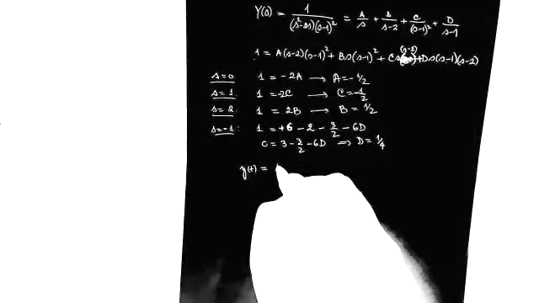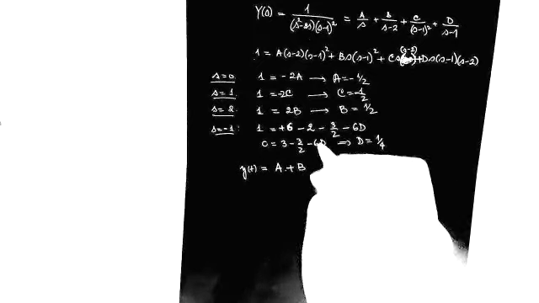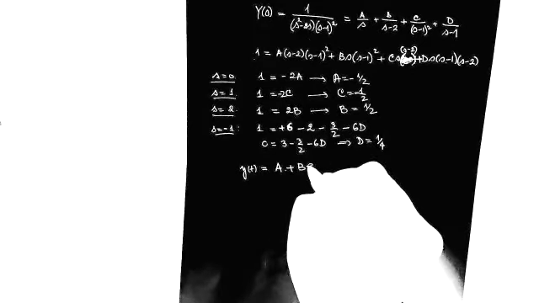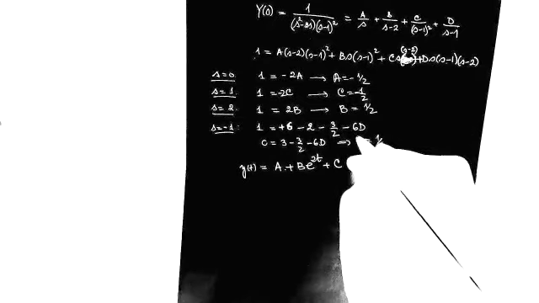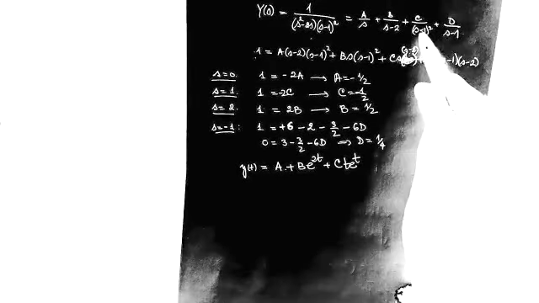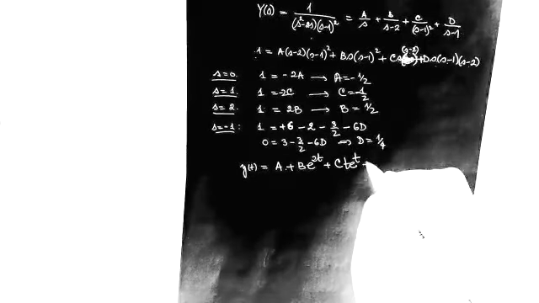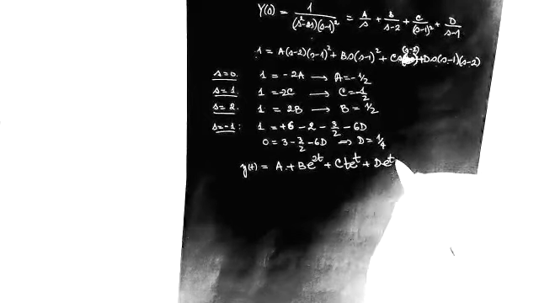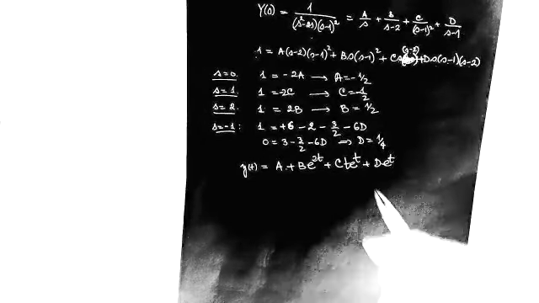So this is going to be A times the inverse Laplace transform of 1 over s, which is 1, plus B times the inverse Laplace transform of 1 over s minus 2, which is e to the 2t, plus C, and the other one is t e to the t, for 1 over s minus 1 squared, and the other one D e to the t. That's what your answer is, even if you don't know A, B, C, D. You can still get that.